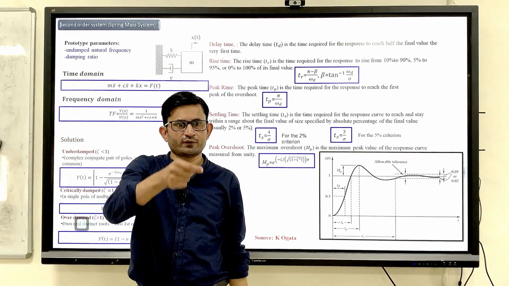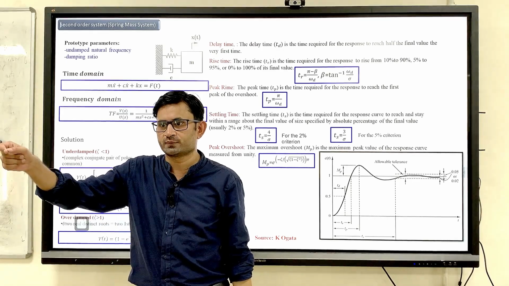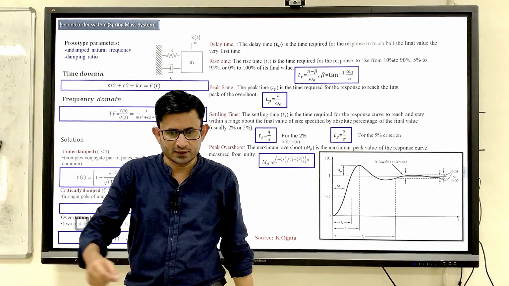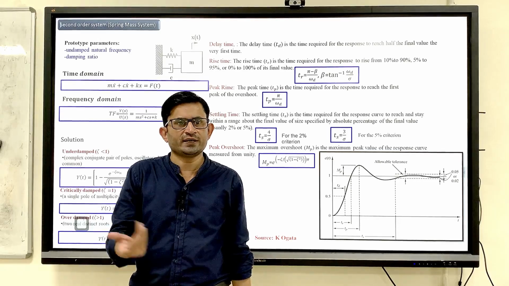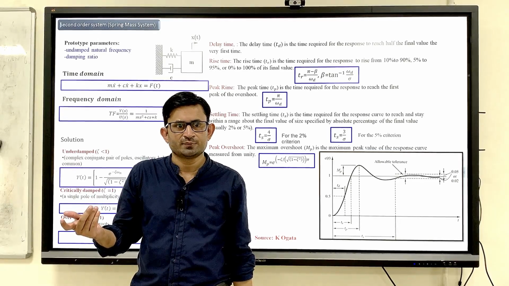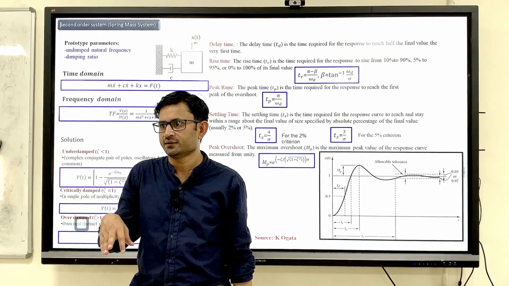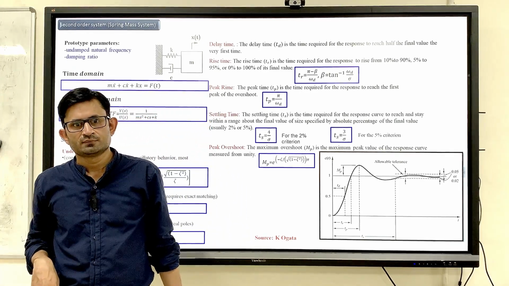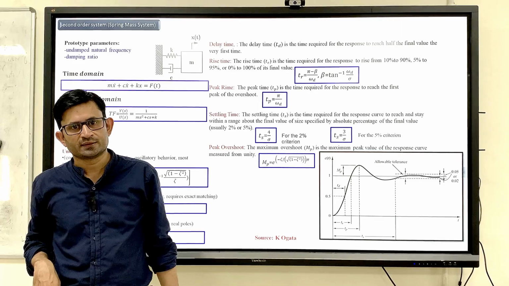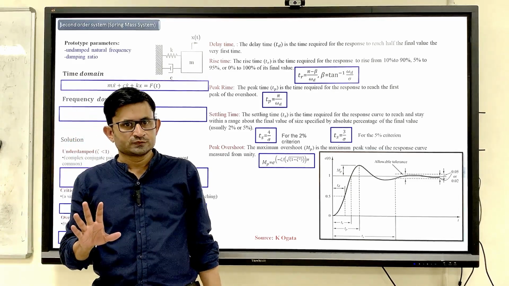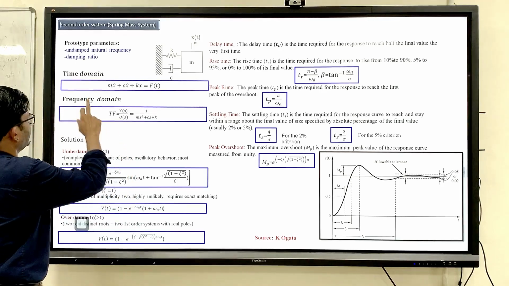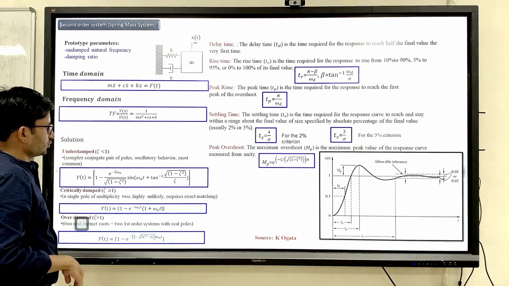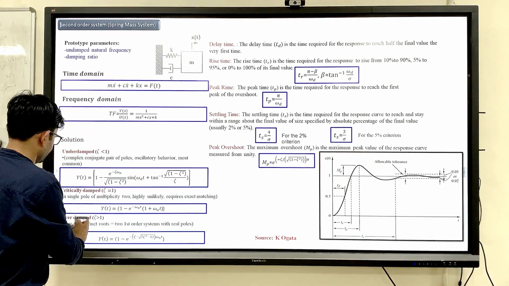For example, if you take an inverted pendulum and disturb it from the equilibrium position, it will take some time to damp. Why is it damping? Because the air is providing the damping, right? So you have that kind of feel for C and K. So now three parameters, right? M, C, and K.